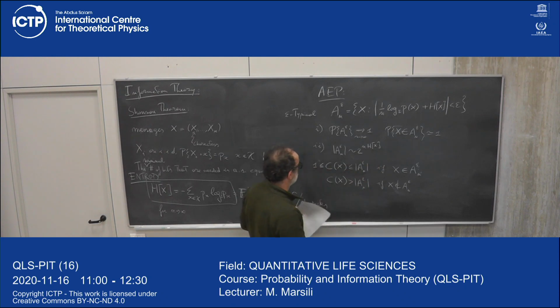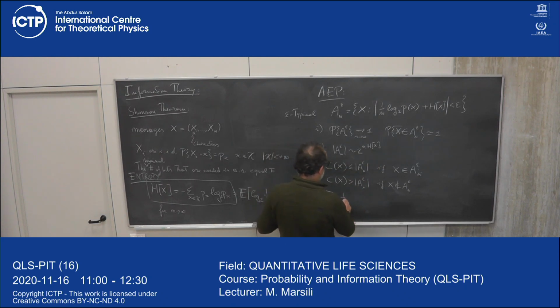So 1 over n times the log base 2 of C of x, this is the number of bits in the binary representation of C of x divided by n. So if you want, it is the number of bits per character in message x, used to code message x.